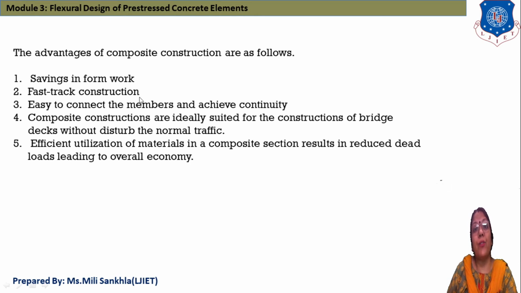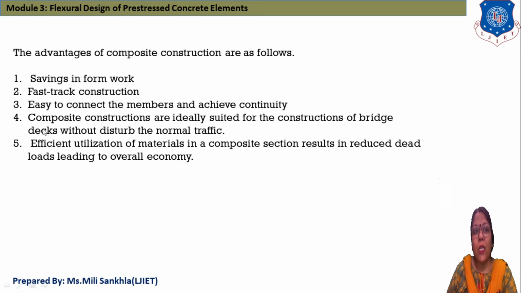Second, fast track construction, because some portion is precast and some portion is cast in situ, so construction will be fast compared to other members. Then, easy to connect the members and achieve continuity, because here we use friction between the two members, so it is easy to connect the cast in situ and precast prestressed members, and continuity is achieved.